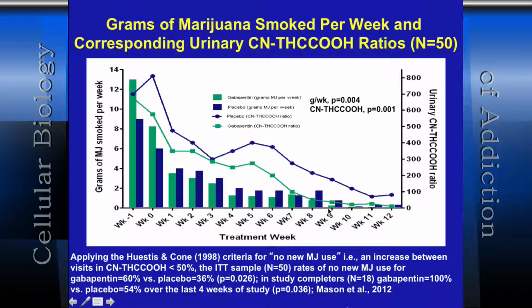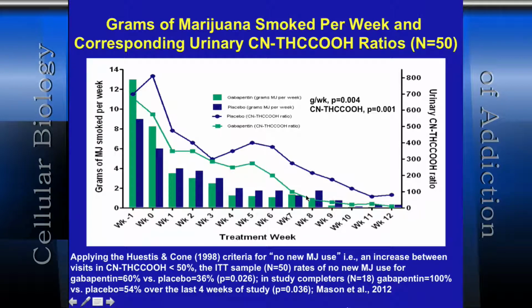By self-report, gabapentin, prior to randomization, the week of screening, reported using more marijuana than placebo. But then you'll see at randomization, the following week, it had got down below placebo and stayed down.